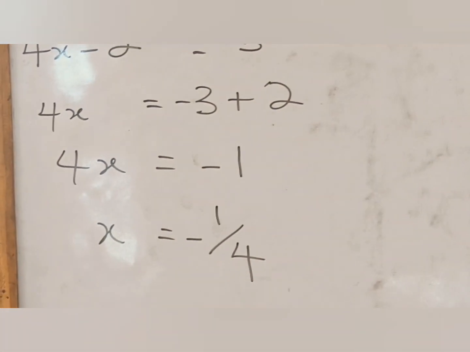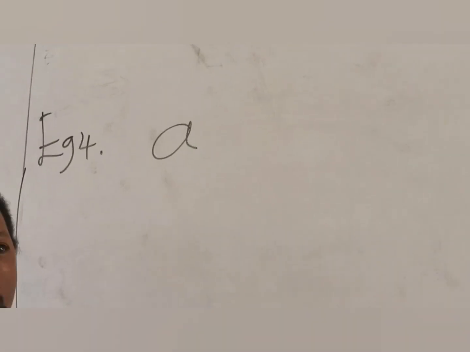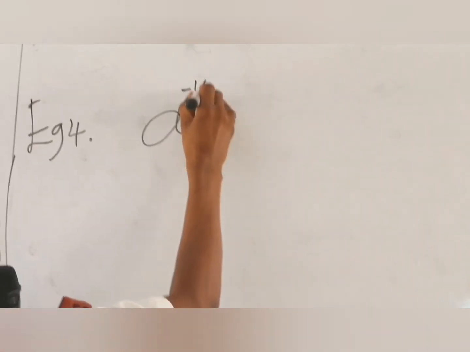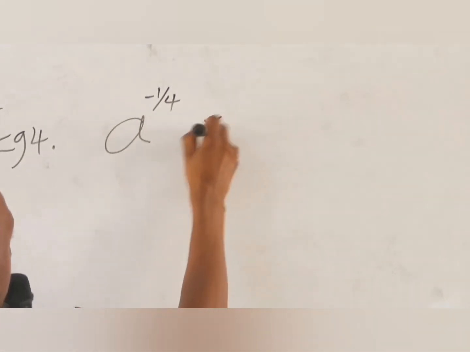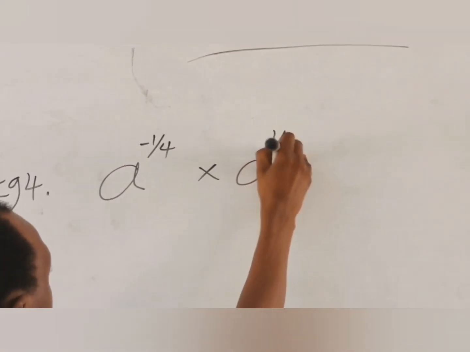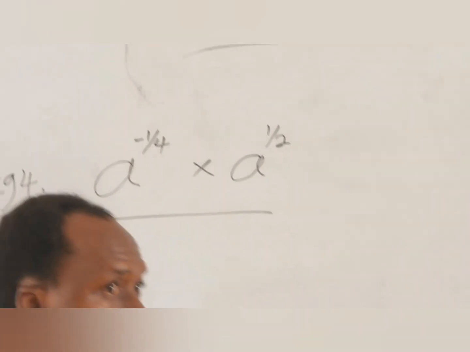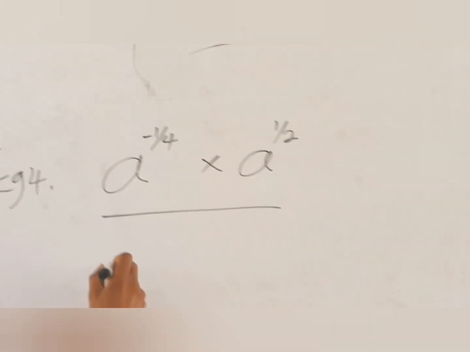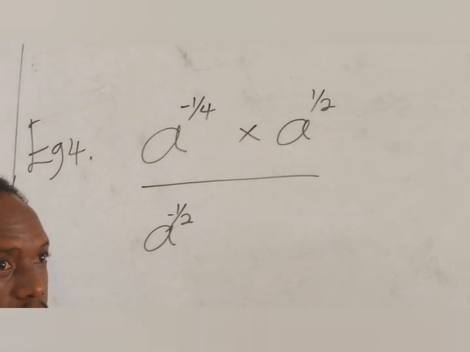Any question? Then you copy. Any question? A to the power negative 1 over 4 times A to the power 1 over 2 all over A to the power negative 1 over 2.